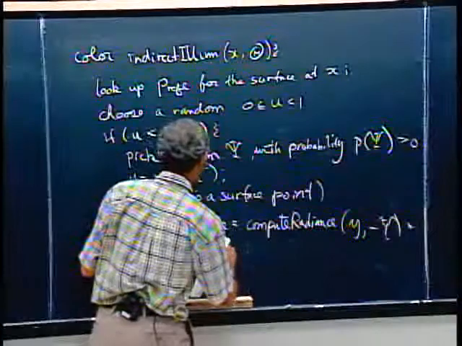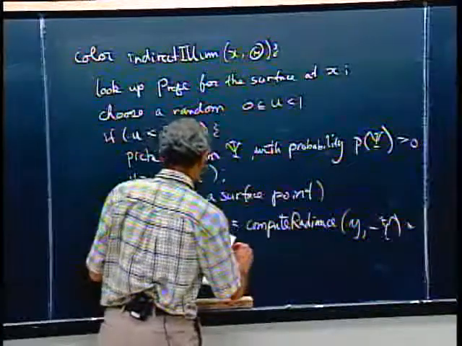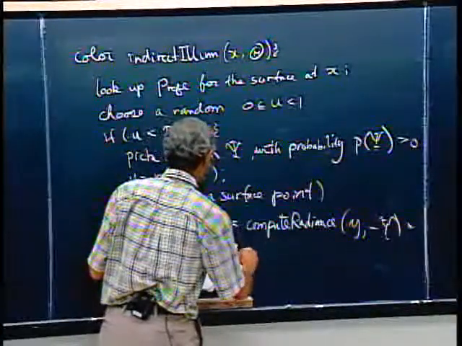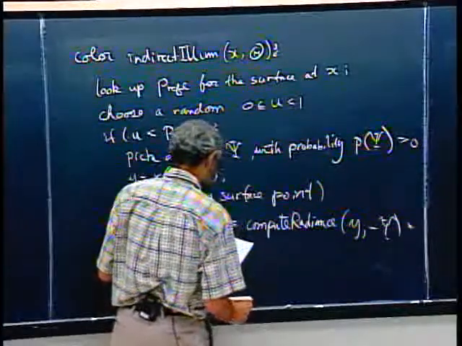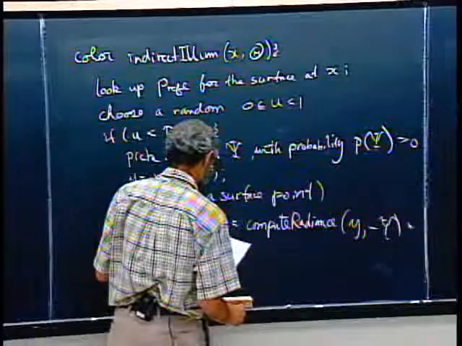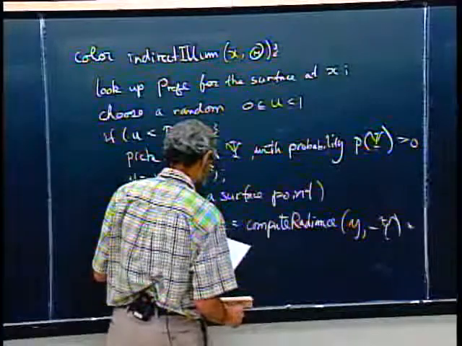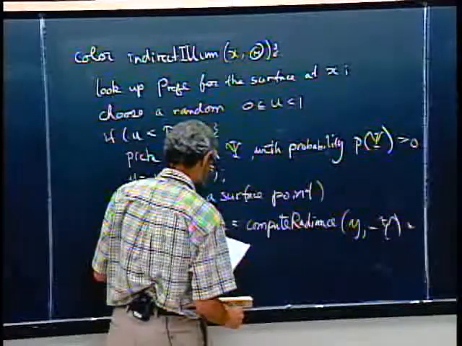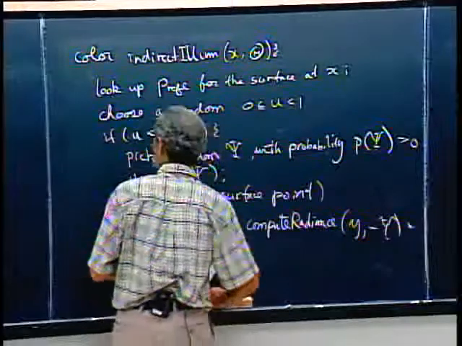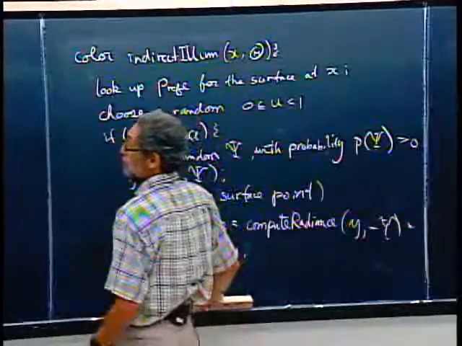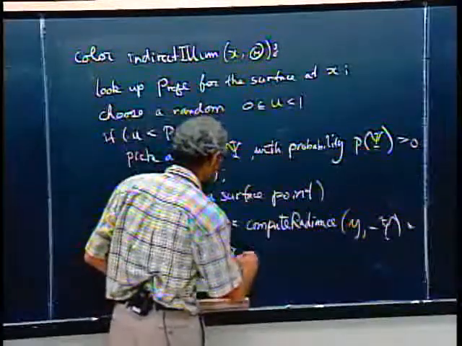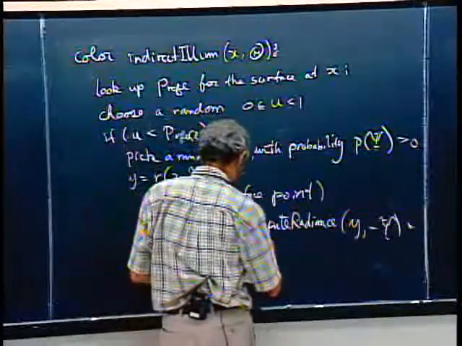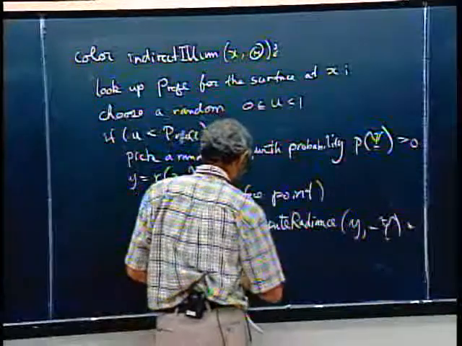But what you have to multiply by then is the bidirectional function at y for, let's see, is it at y or is it at x? It's at x, right? Because we're trying to find out the contribution to this indirect. So my notes are wrong. It's at x for psi going into theta.